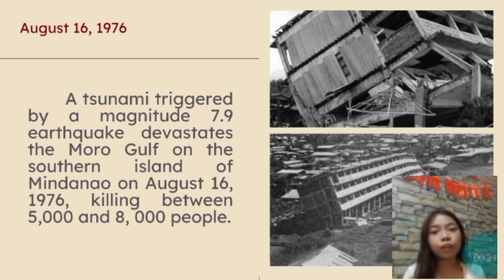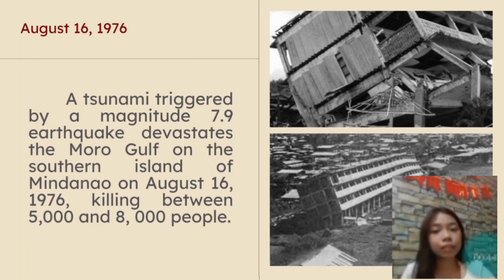The epicenter was in the Celebes Sea between the islands of Mindanao and Borneo. The Pacific Tsunami Warning Center's preliminary magnitude was given as 8.0 on the Richter scale and as 7.9 by other sources. The tsunami generated contributed immensely to the devastation.